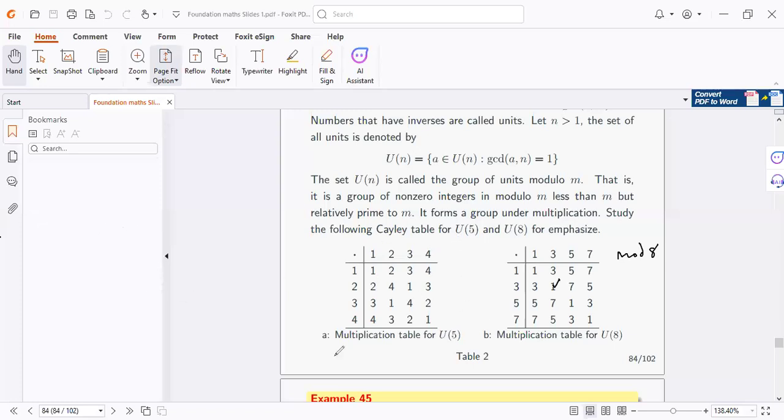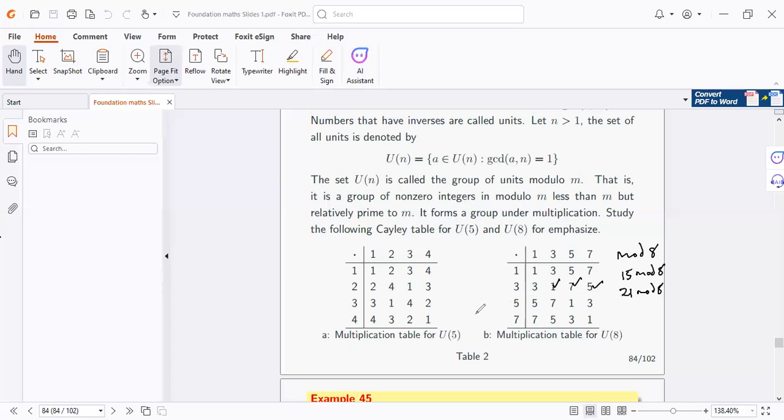The next one is 3 times 5, which is 15, mod 8. So the remainder is 7. And then 3 times 7 is 21, mod 8. So 8 going there, you get 16, and the remainder there is 5. So that's what we are doing here. That's how you multiply these elements.